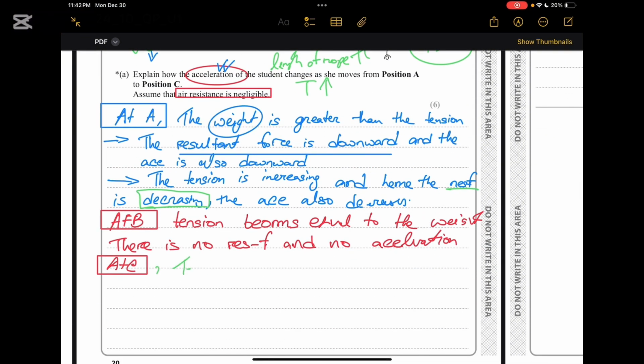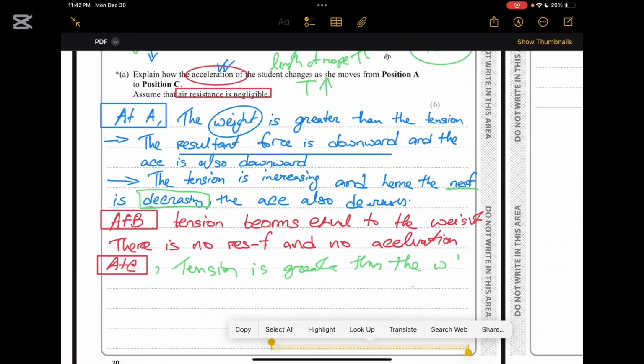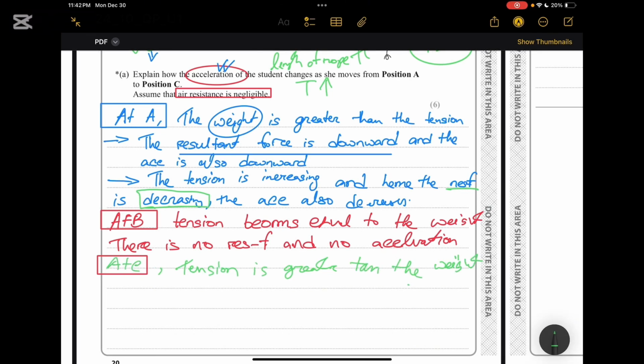We can mention that the tension is greater than the weight, and the resultant force now is upward.